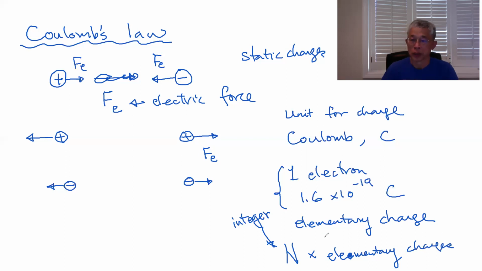So something in between, like a fraction of this elementary charge, does not exist. This is very basic to charge. You can have 1 of this, 2 of this, 3 of this, but not 2.5 or 2.3 of this. Only the multiples.